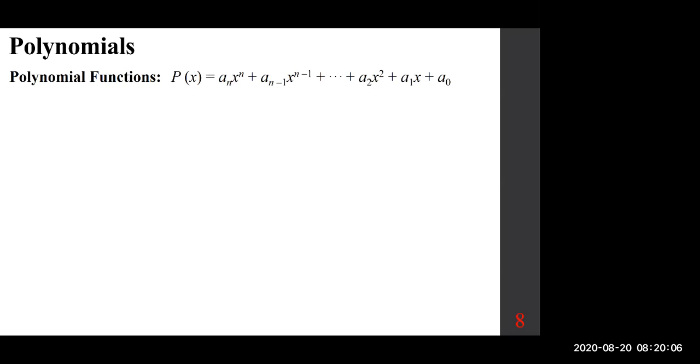All right, let's go to more functions, okay, that we have seen as essential functions there in pre-calculus. Polynomials, everybody remembers the definition. The only thing I want to add to this, a sub n all the way to a sub 0, those are coefficients, and they can be any number.